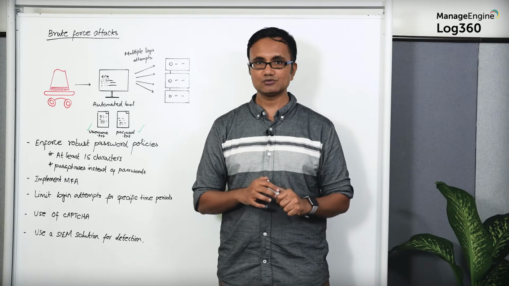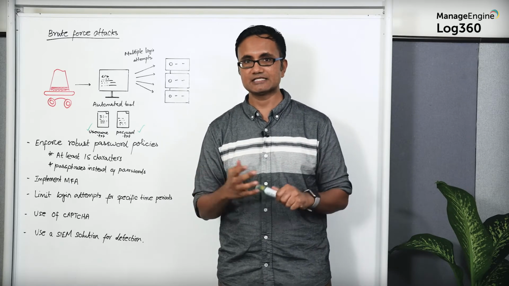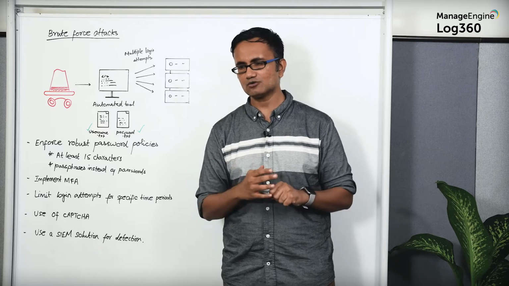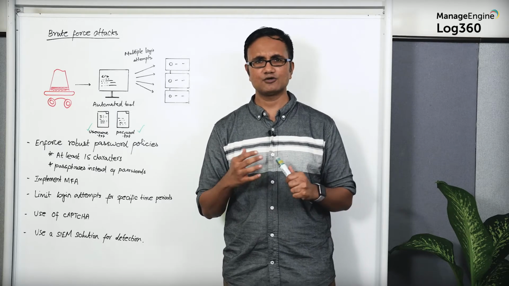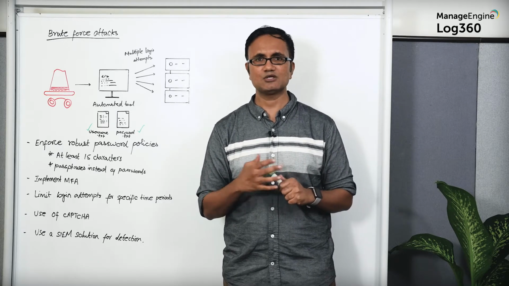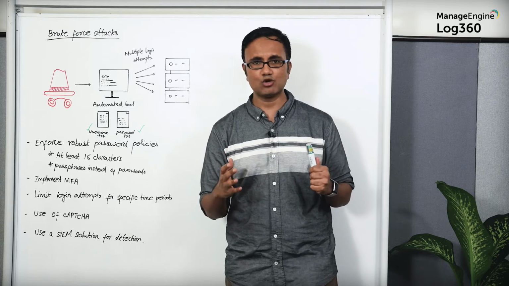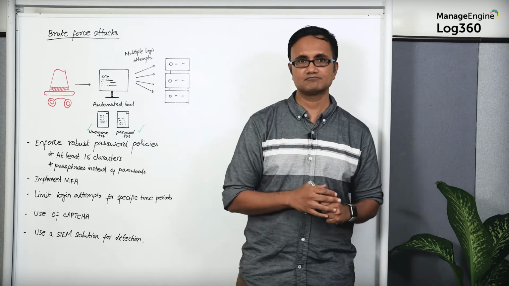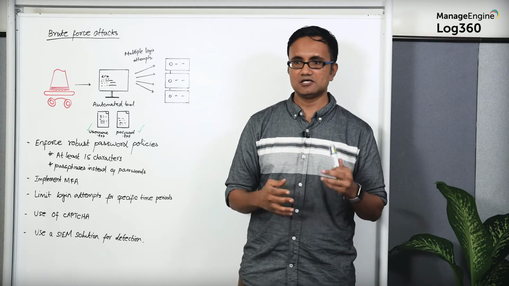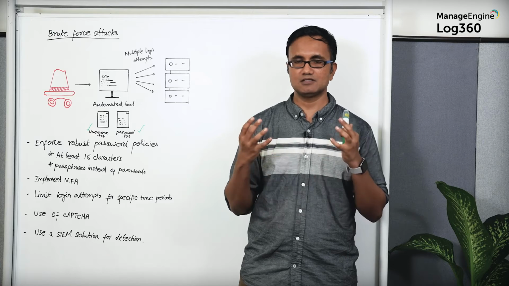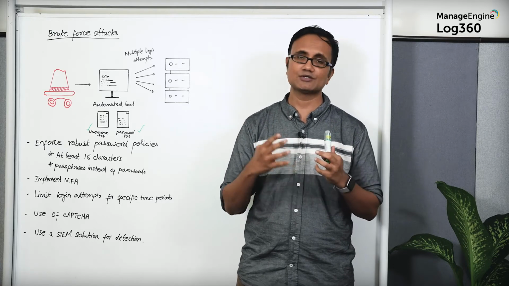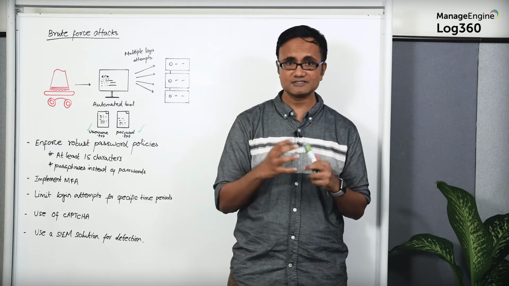In 2022, one of the interesting statistics says that it takes about 39 minutes for an 8-character long password to be compromised. And this 8-character long password could be of any complexity. So you could have a password that contains alphanumericals. You can have passwords that contain special symbols.